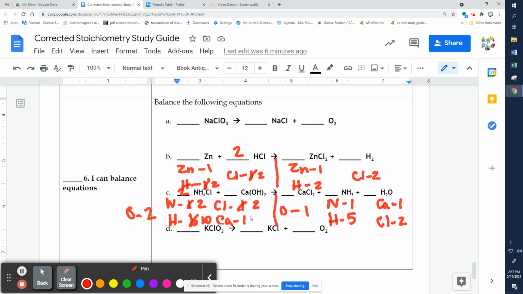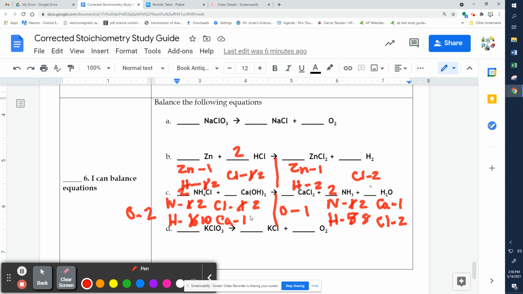Okay. Now, things that are not the same are my nitrogens. So I'm going to put a 2 here. That is going to change my nitrogen. My hydrogen will then be 6, 7, 8. Things I notice are that my oxygens are not the same and my hydrogens are not the same.